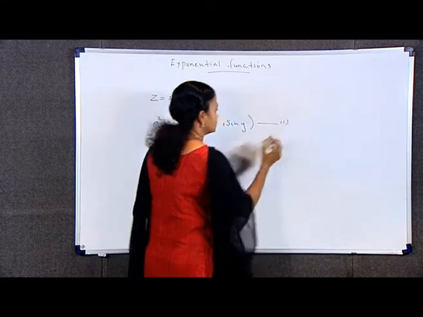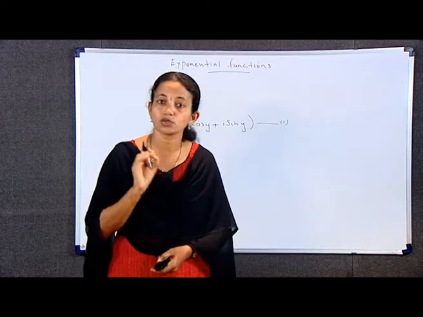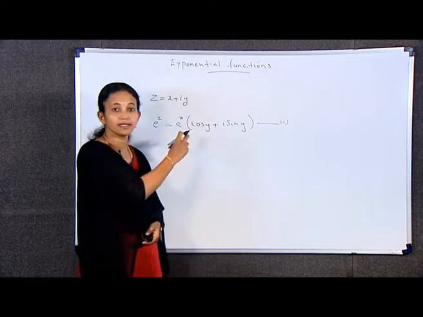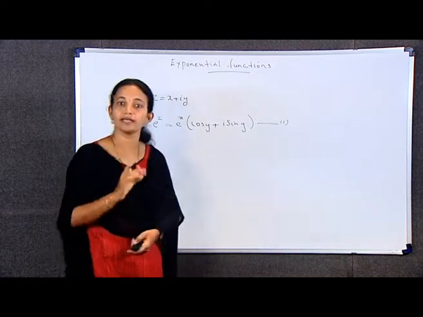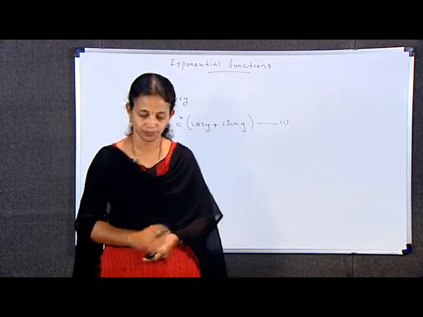Equation number 1. exp z is also used instead of e raised to z, and also this y in this equation is always in radians. We have some properties of the exponential function.